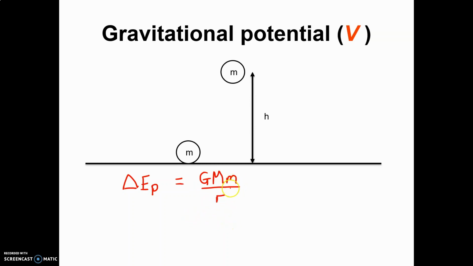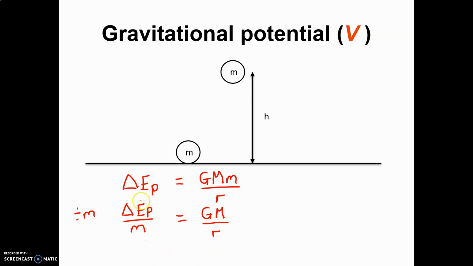Now what I'm going to do is divide both sides by little m. So we've got the change in gravitational potential energy divided by the mass, and we're left with GM over r.